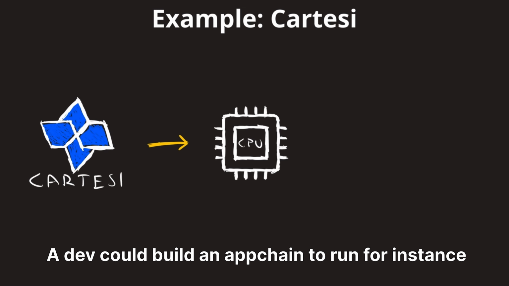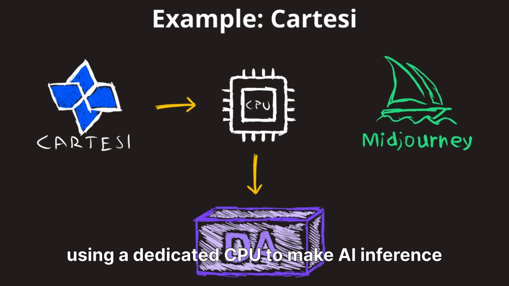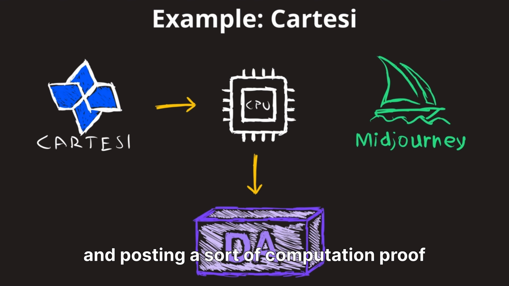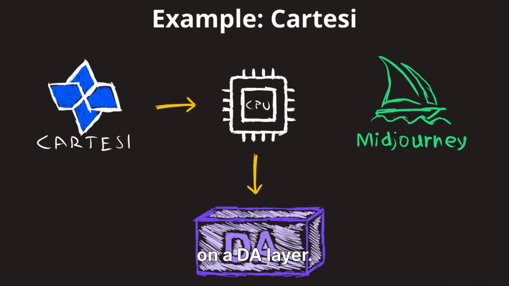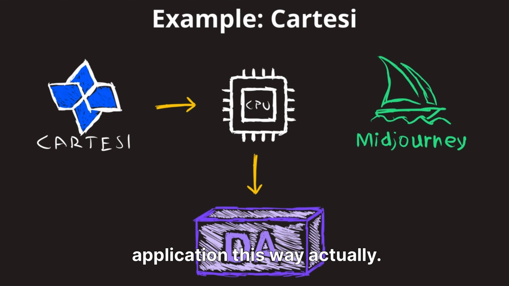A dev could build an app chain to run, for instance, a decentralized on-chain version of Midjourney, using a dedicated CPU to make AI inference off-chain and posting a sort of computation proof on a DA layer. Devs could build any type of application this way, actually.